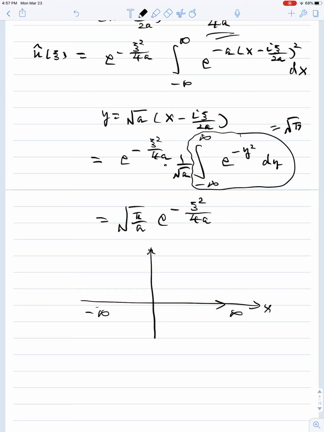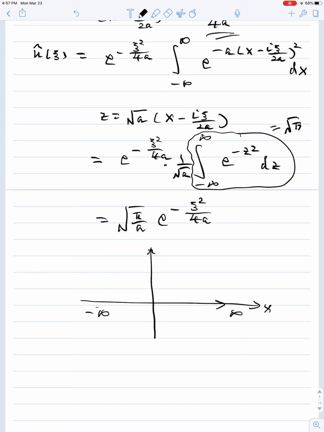But when we do the substitution, I let z equal to this. It's probably not a good idea to use y, so let's use z. This would be negative z squared, and this would be dz.